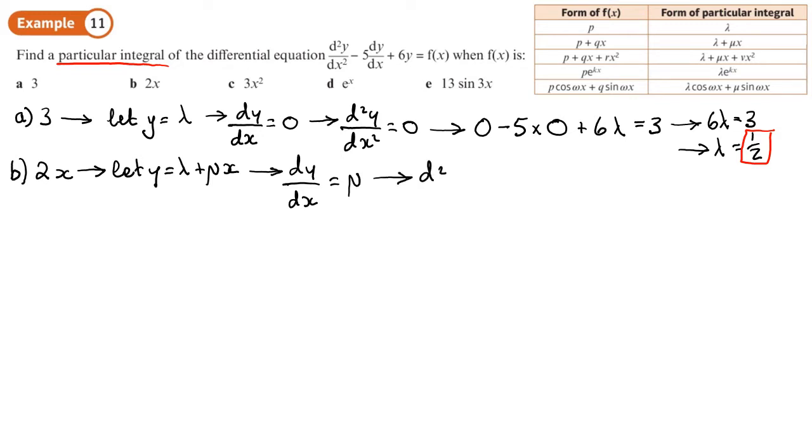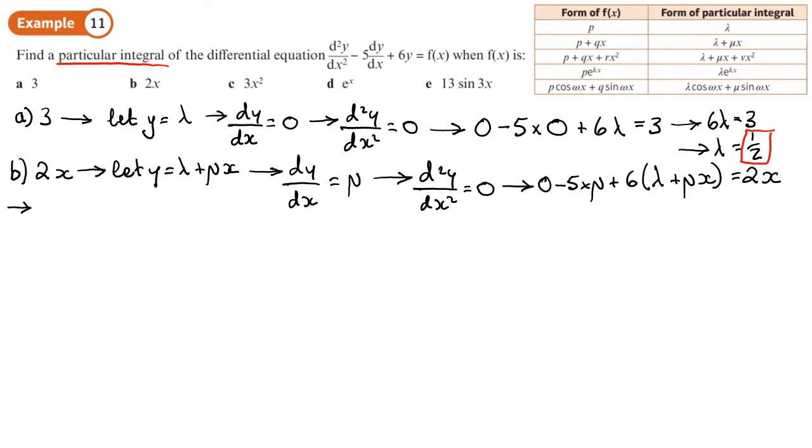Differentiate that again, and I get d squared y over dx squared equal to 0. I substitute this into this side of the differential equation. So it's going to be 0 minus 5 times mu plus 6 times lambda plus mu x, and that equals 2x.